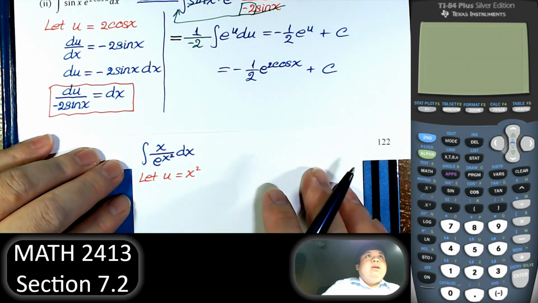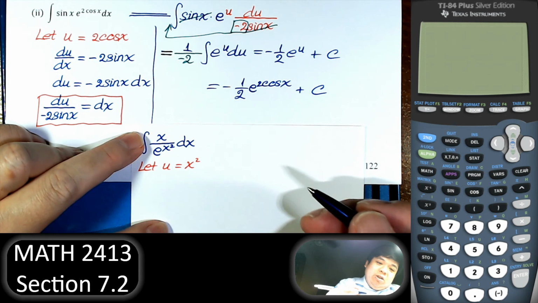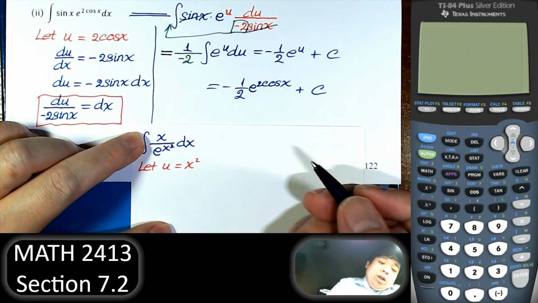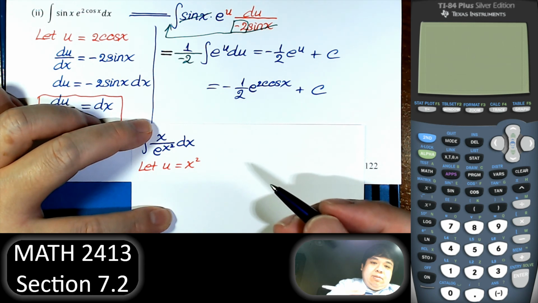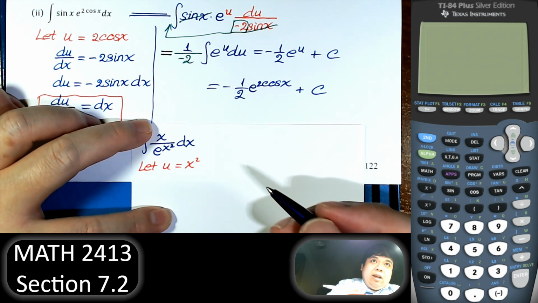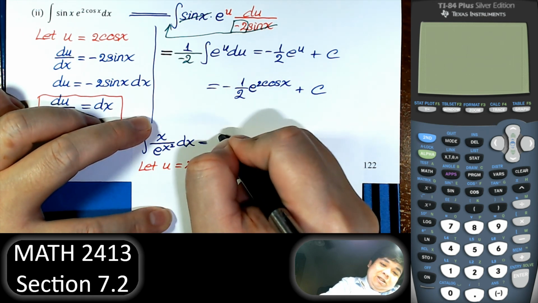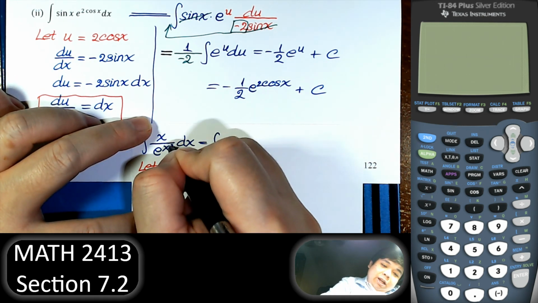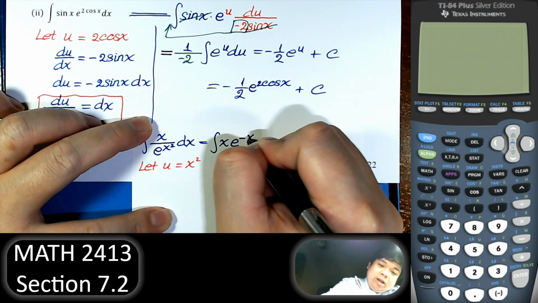Then we just need one more example to deal with the exponential function. u equals x squared, so that certainly works. It could be even better if we just move this to the top, and it becomes negative x squared.